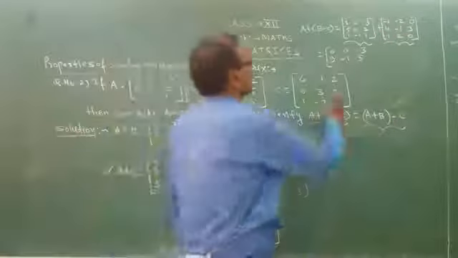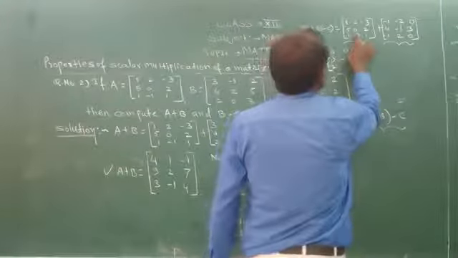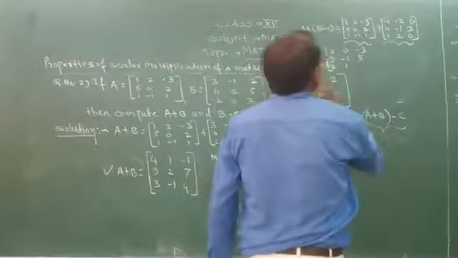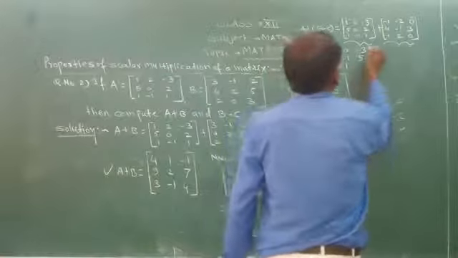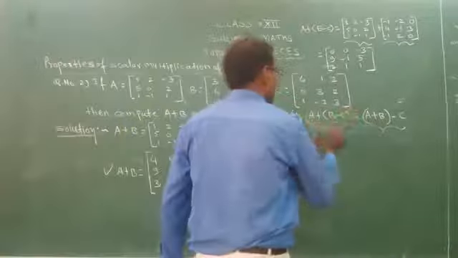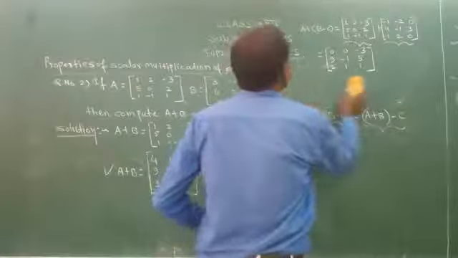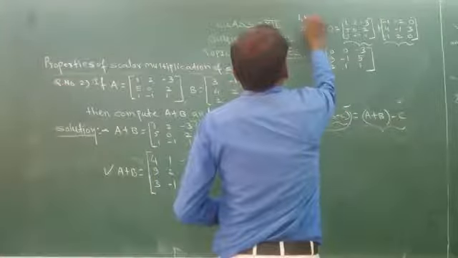The third row, 1 plus 1 that is 2, minus 1 plus 2 that is 1 and 1 plus 0 that is 1. So in this way we will find out the value of the left hand side. This is left hand side.